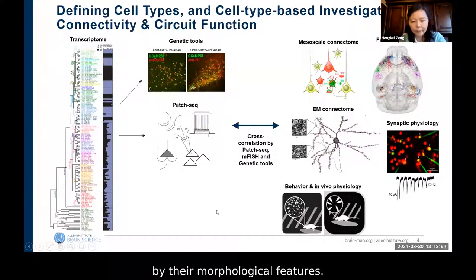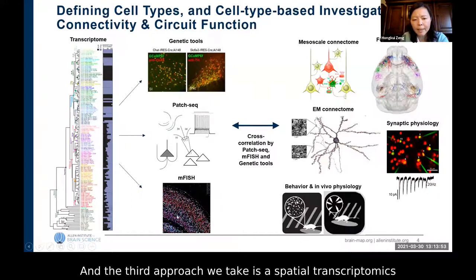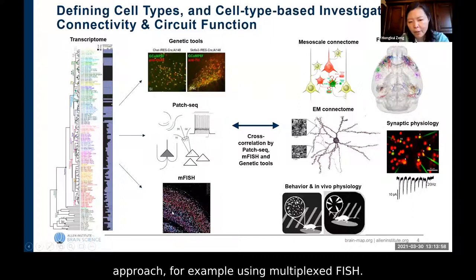purely by their morphological features. And the third approach we take is a spatial transcriptomics approach, for example, using multiplex FISH.